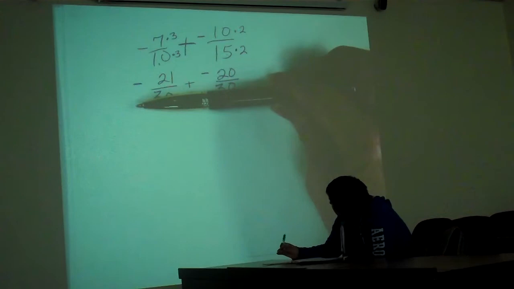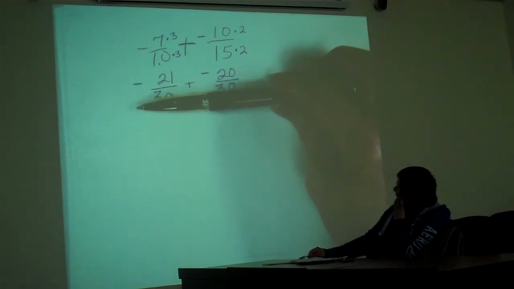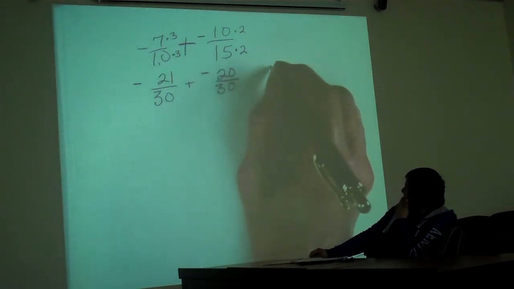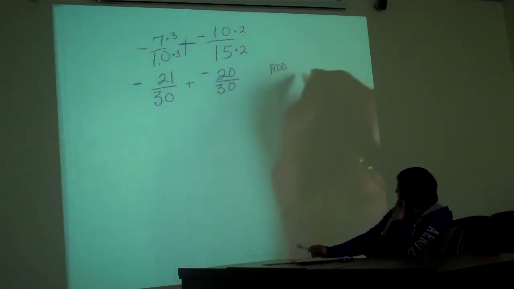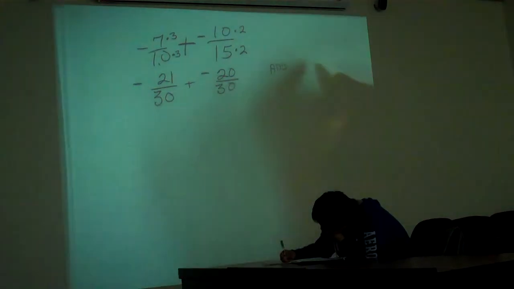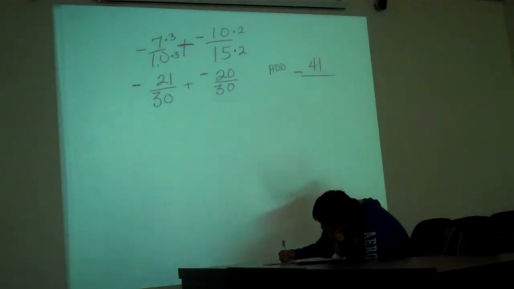Negative. And what are you going to do, add or subtract? Add. If they're the same, you add them. You're adding, but it's going to be negative, right? 21 plus 20? 41. -41 over 30.